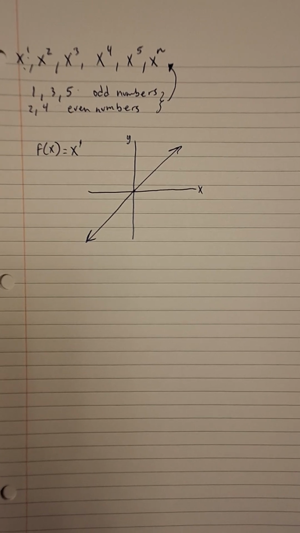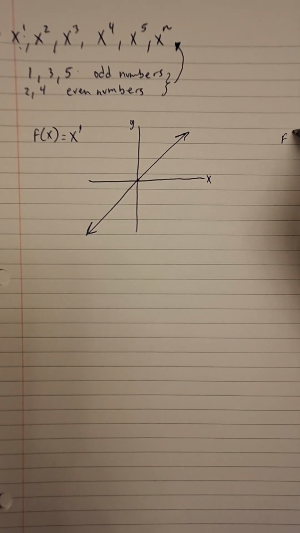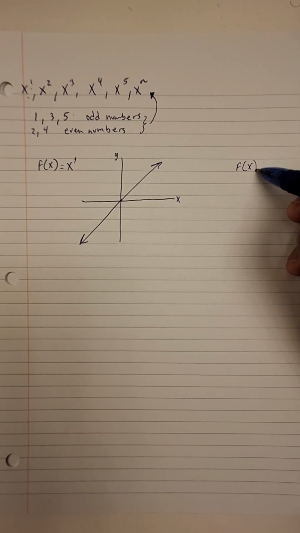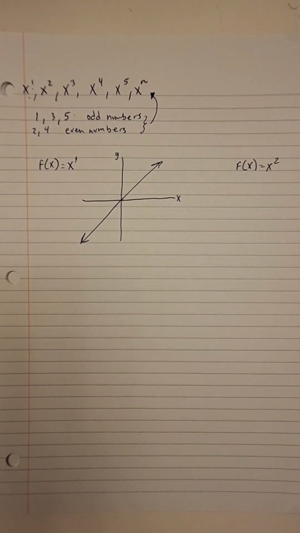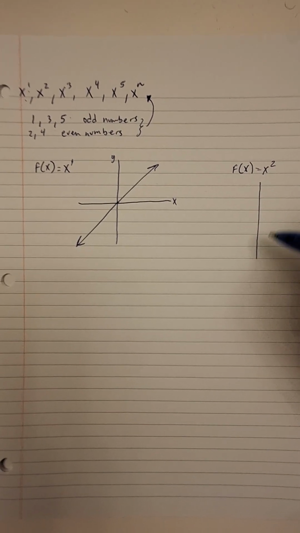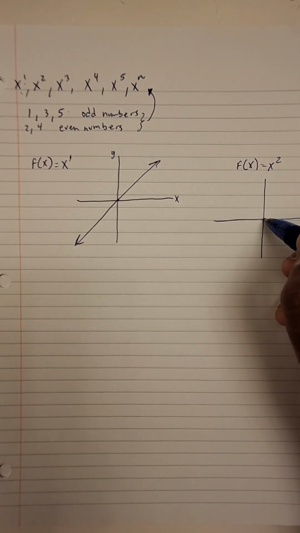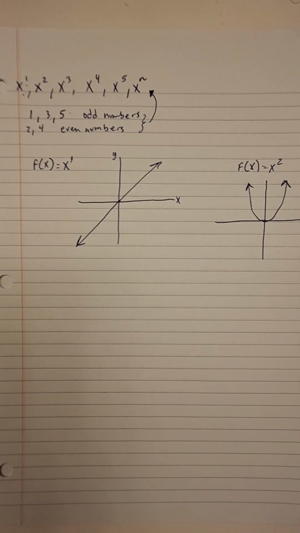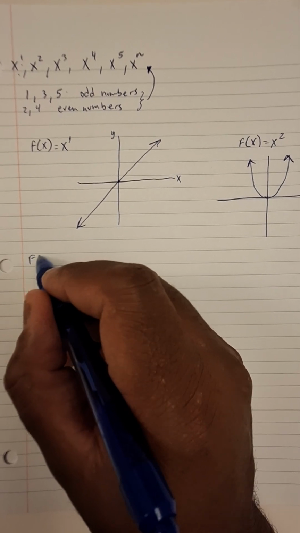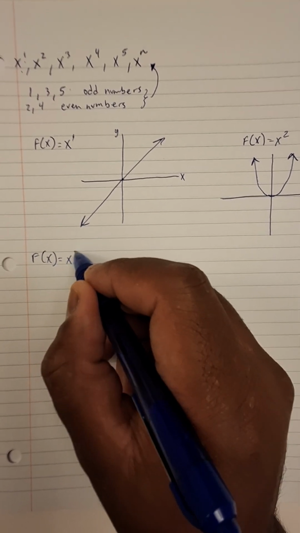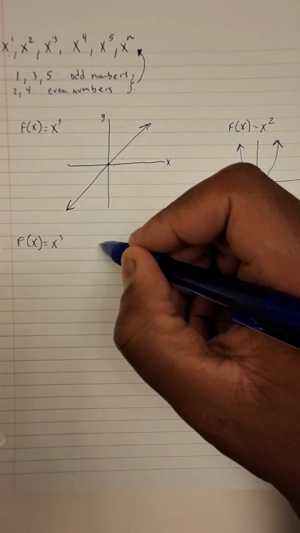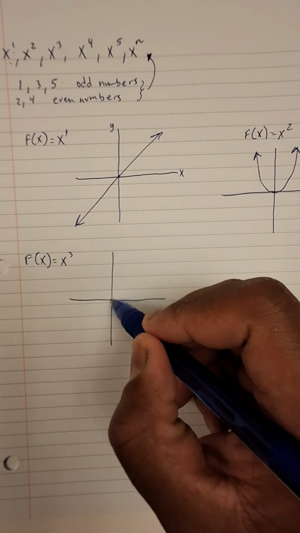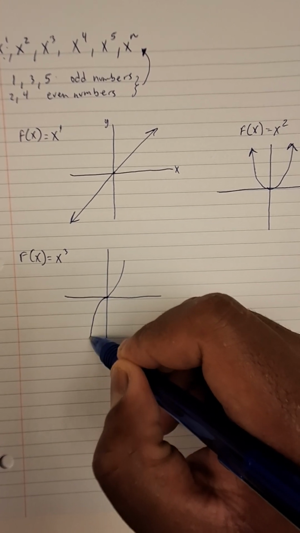Now the function f(x) equals x squared, which is a parabola, behaves like this. And now another example, f(x) equals x cubed, which is another odd function, and it behaves something like this.